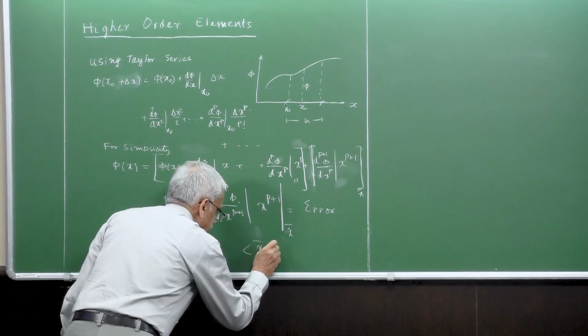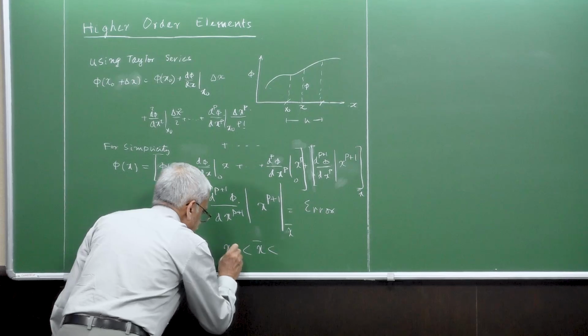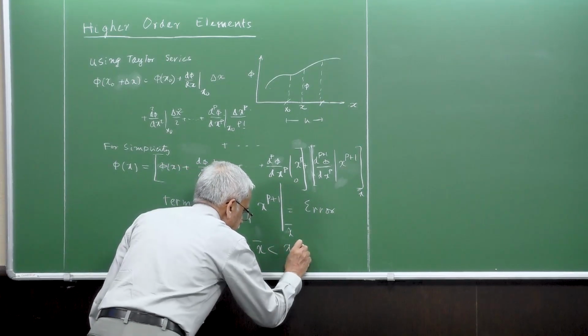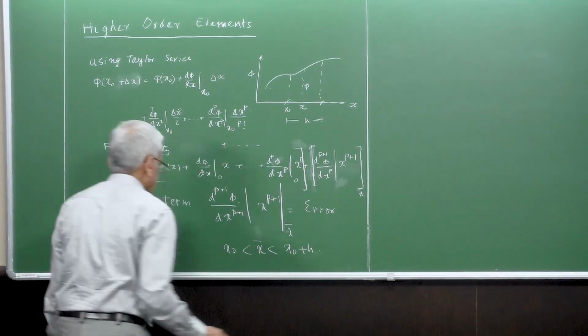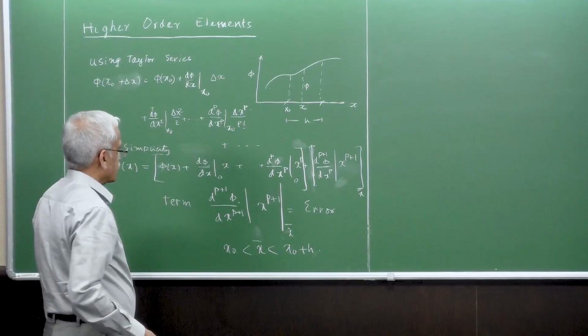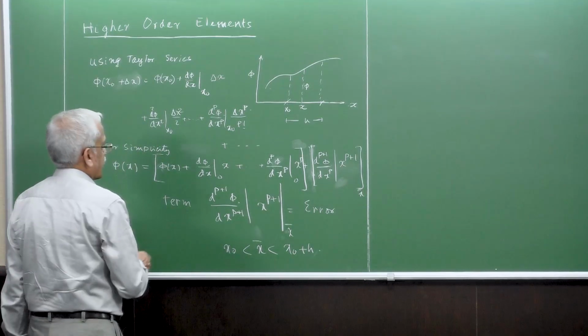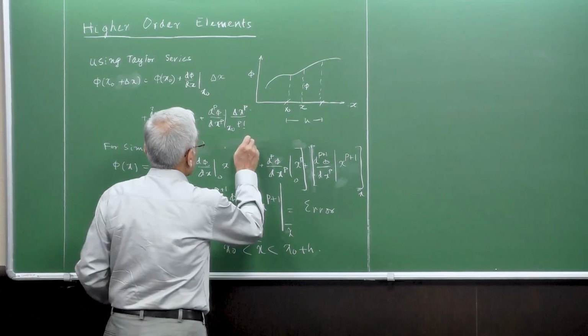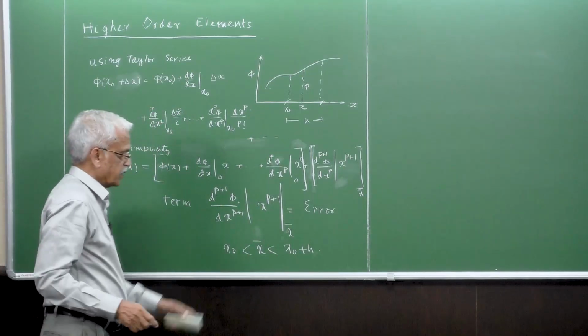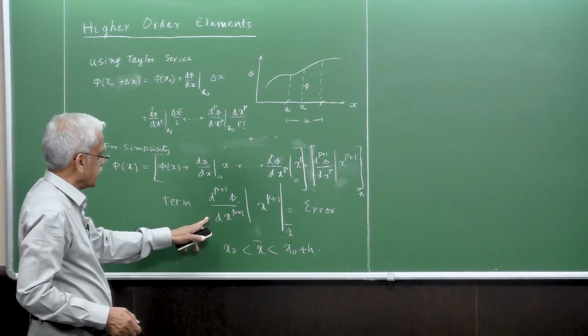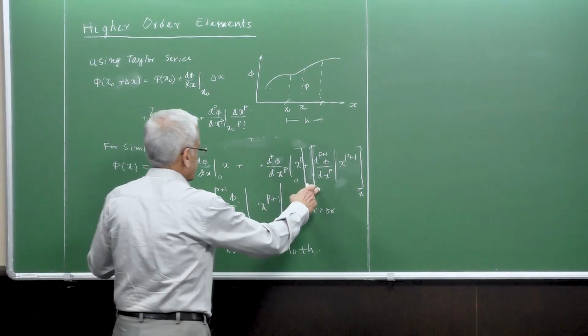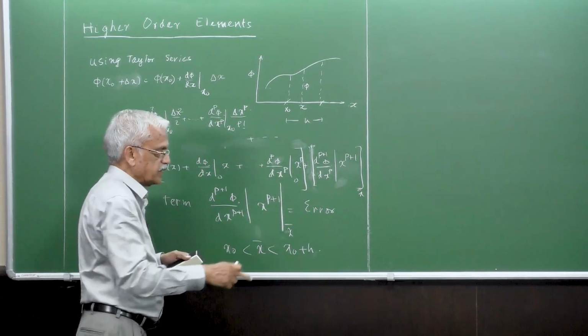So x bar is somewhere between x naught and x naught plus h. So we are approximating it with the pth degree polynomial.